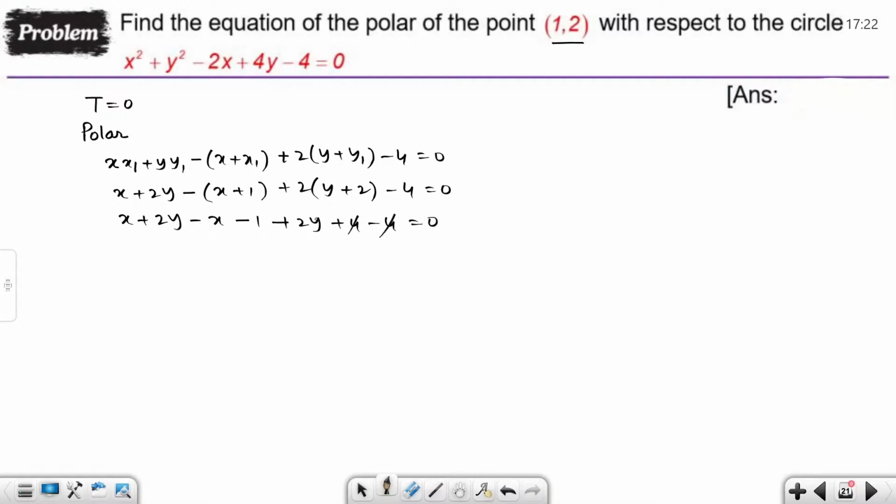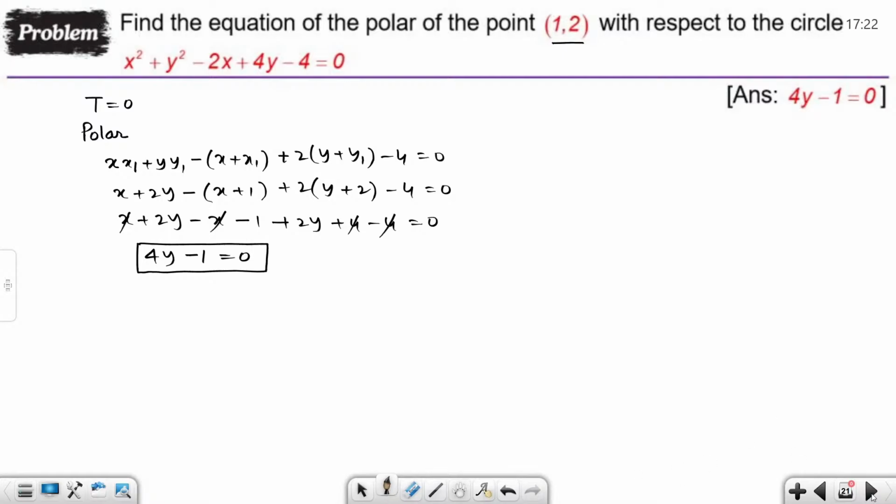So 4 goes off, xx goes off. So it is basically 4y minus 1 equals to 0. Correct? Therefore, the equation of the polar with respect to the pole 1, 2 is given by 4y minus 1 equals to 0. It's a straightforward question just to make you understand how we are actually finding out the equation of polar.